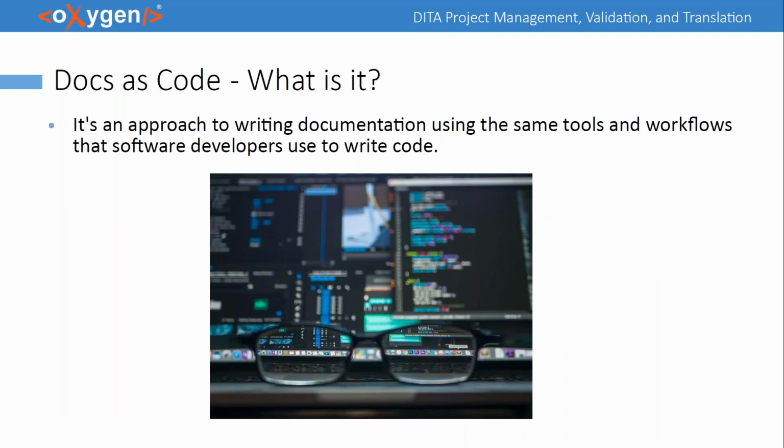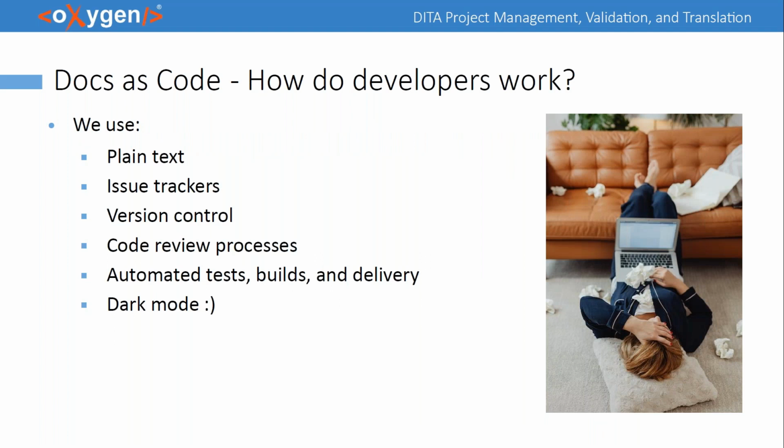So Alin already mentioned what Docs as Code means. I'm going to say it again. It means that technical writers approach writing documentation the same way software developers approach writing code. Now, the question that arises is, okay, but how do developers work?